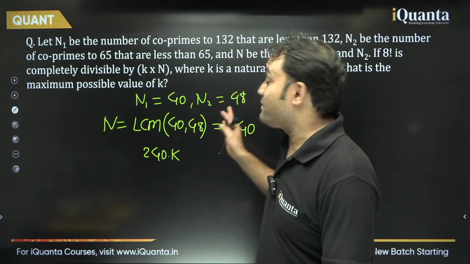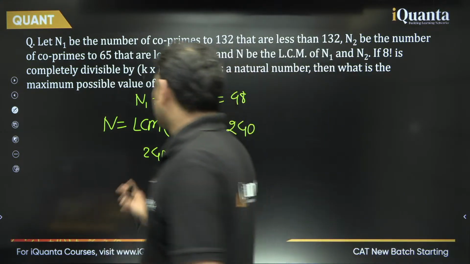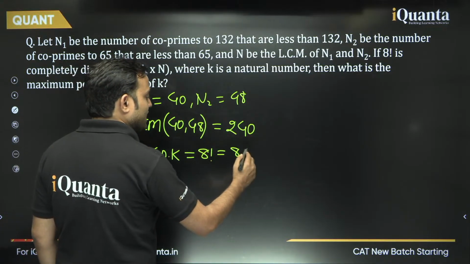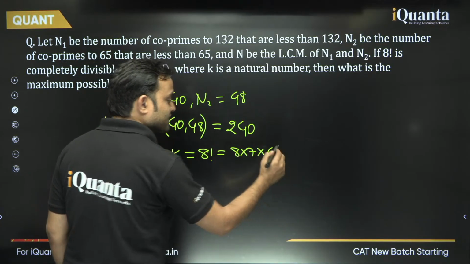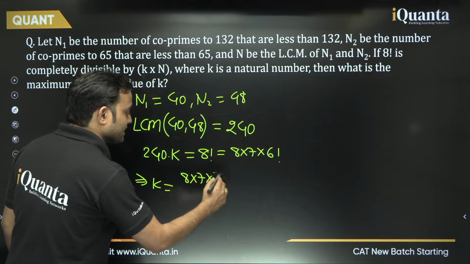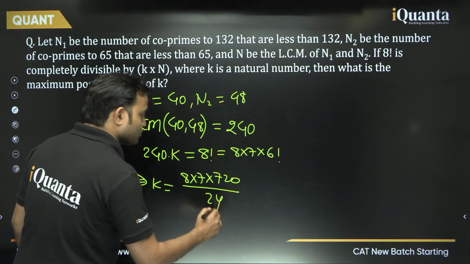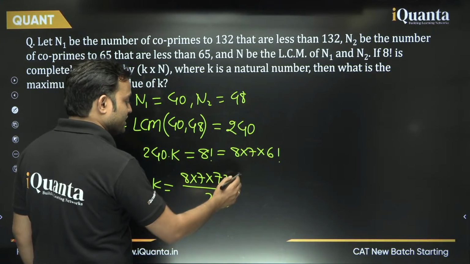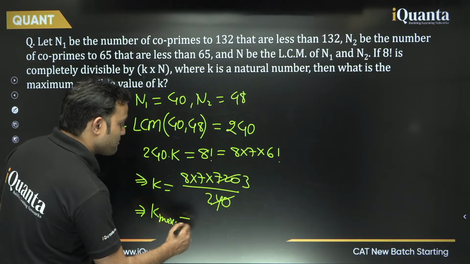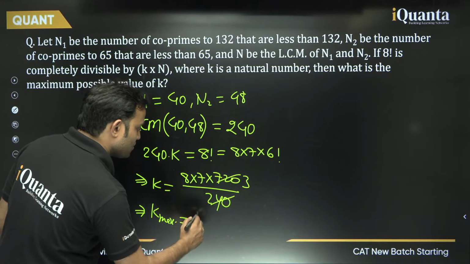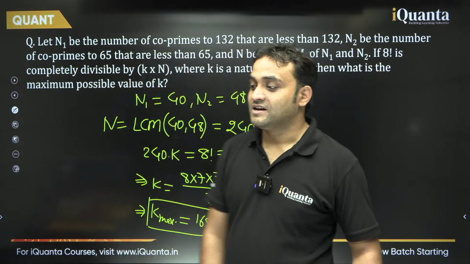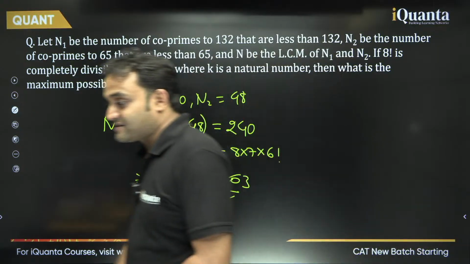Now if I want to maximize the value of k, can I say 240 into k should be equal to 8 factorial, which is equal to 8 into 7 into 6 factorial. So k will be equal to 8 into 7 into 720 divided by 240. 6 factorial is 720, so 3 times. We are looking for the maximum value of k, and it will be equal to 168. This is the answer. Our answer is 168.